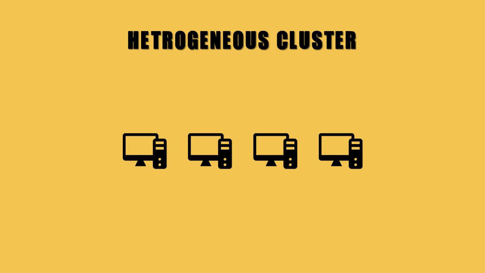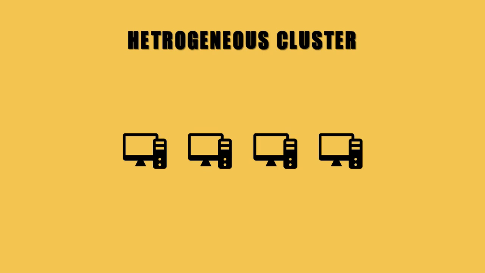Now let us try to understand what we mean by a heterogeneous cluster. A heterogeneous cluster basically refers to a cluster within which each node can be from a different vendor, and each node could be running a different version and a different flavor of operating system.